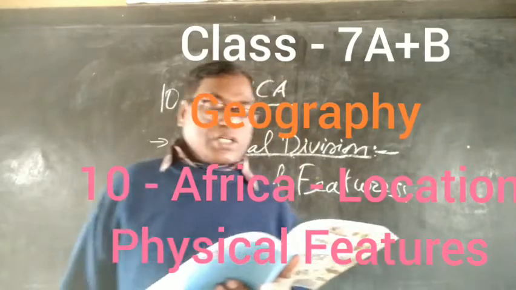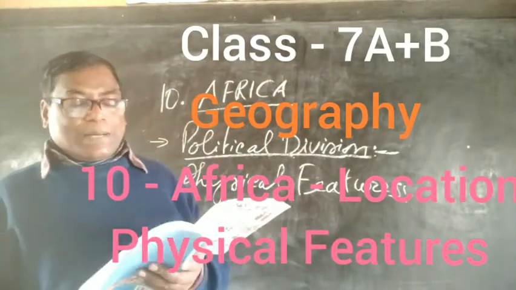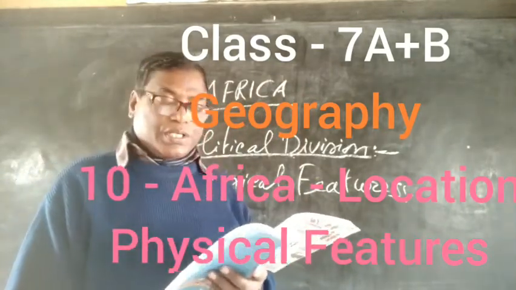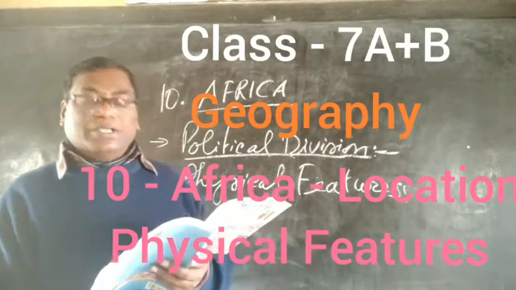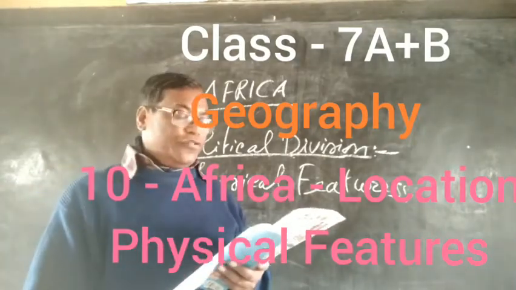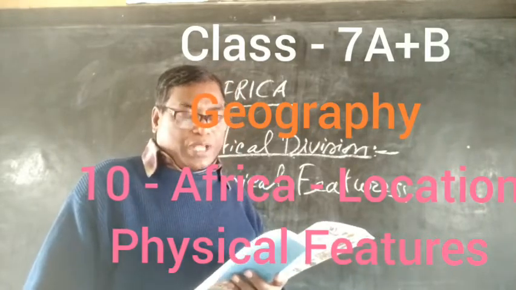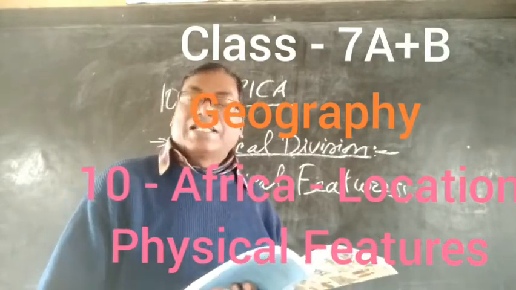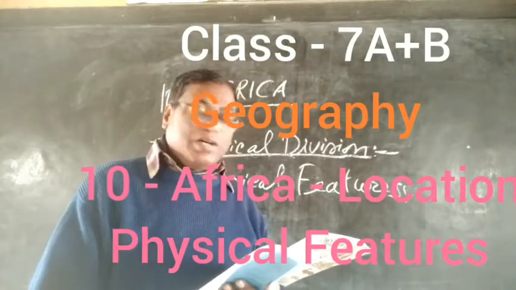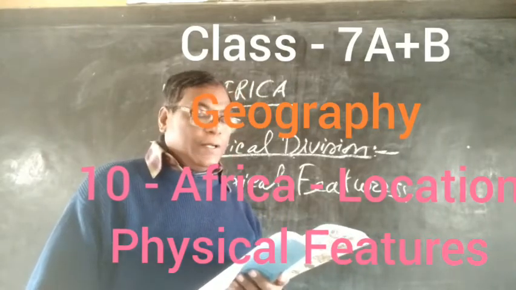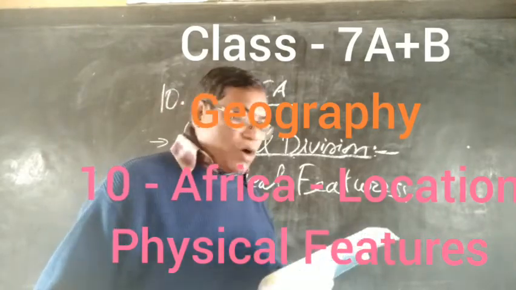On the eastern part of the continent are a number of volcanic mountains. Till today they are active volcanoes, of which Mount Kilimanjaro, Mount Meru and Mount Kenya are the highest.